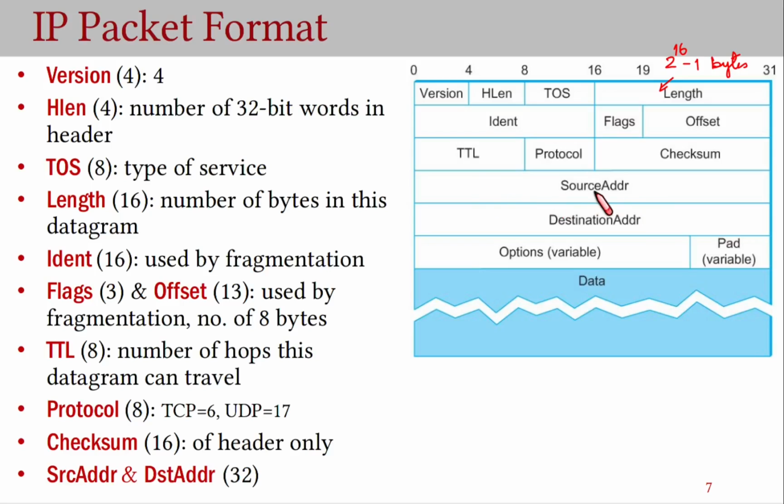And in the case of IP version 4, these addresses are 32 bits long. So we have these two 32-bit fields. Then the header may have some options, and if they are present, they are indicated in this header length field. And it's required that these fields at the end are aligned at the 32-bit boundary.